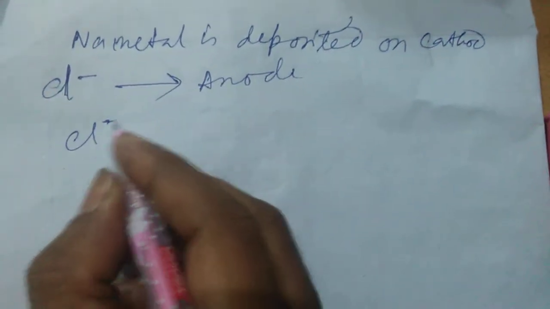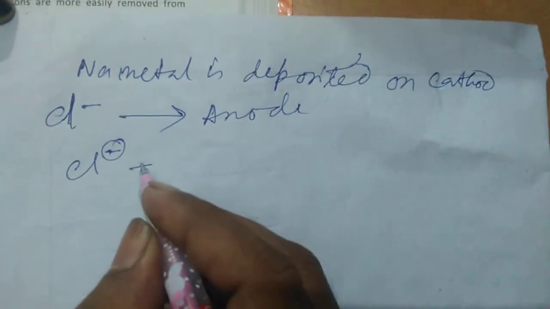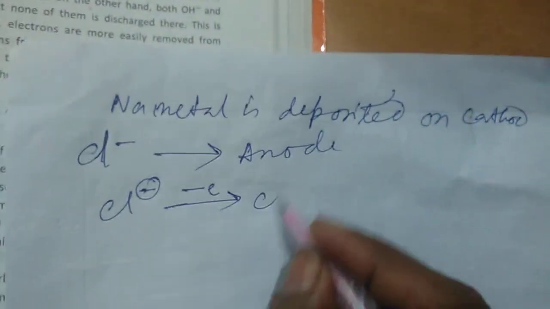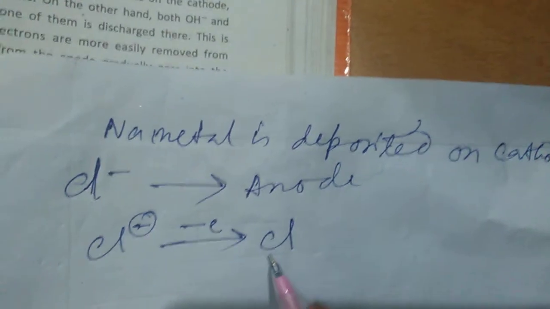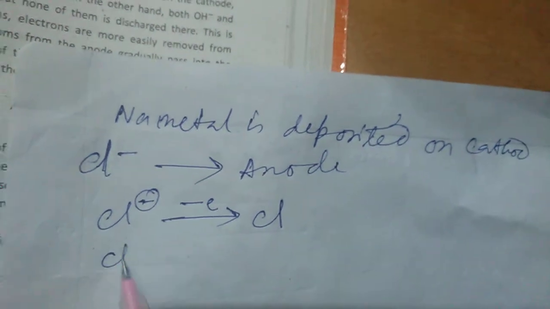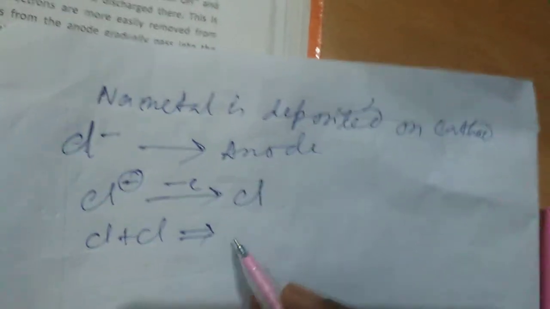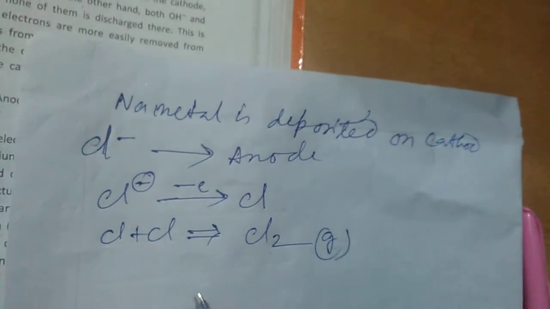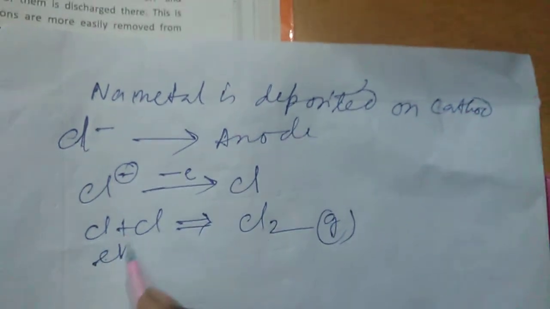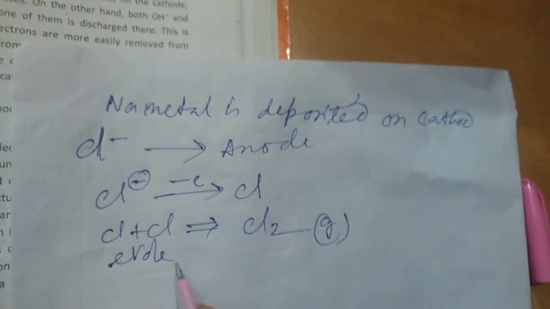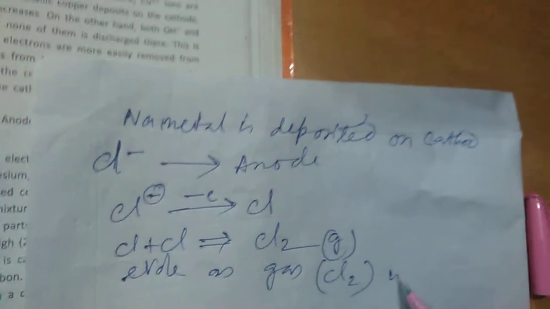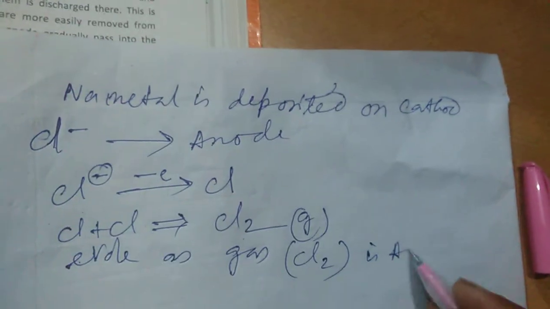So Cl- will go there and give up its electrons to the anode, and it will produce Cl atoms, and now the two Cl atoms will combine to form Cl2 molecules, and it will evolve as gas at the anode.